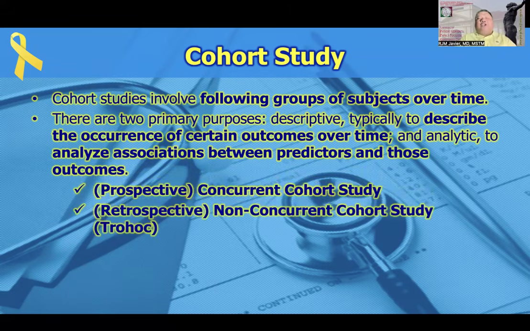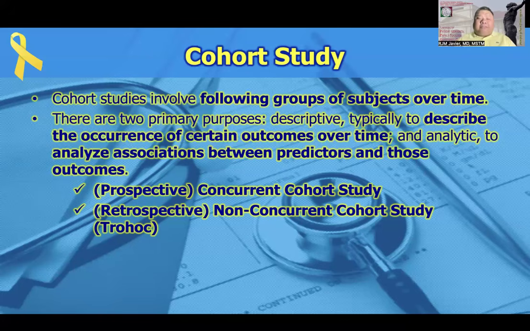Now, we divide your two cohort designs into either being prospective or concurrent, or your non-concurrent, which are your retrospective designs. In older epidemiologic textbooks, we refer to them as your prospective and your retrospective cohort studies. However, in a short while, I will explain why we are already shying away from the use of the terminology retrospective versus prospective because, in truth, your non-concurrent cohort is not retrospective in design.